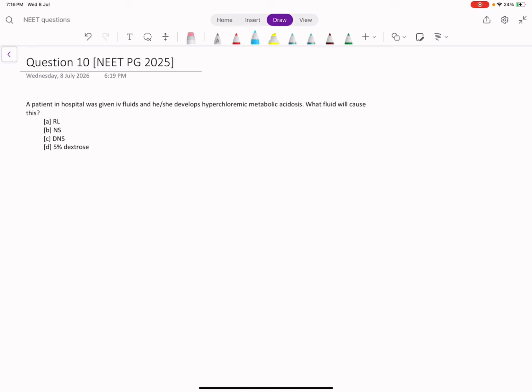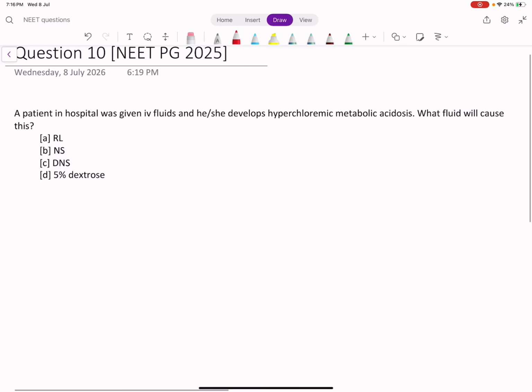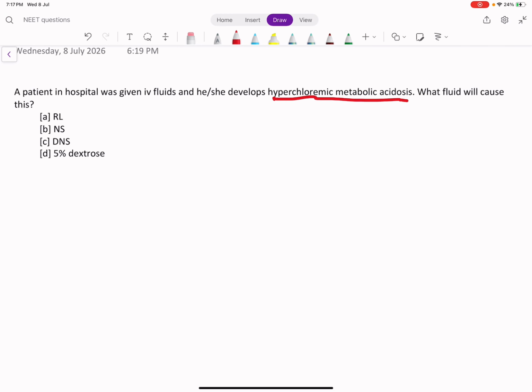Coming to question 10 of the previous year NEET question series 2025. A patient in hospital was given IV fluids and he or she develops hyperchloremic metabolic acidosis. What fluid will cause this? In one of our previous videos we were discussing Ringer lactate.